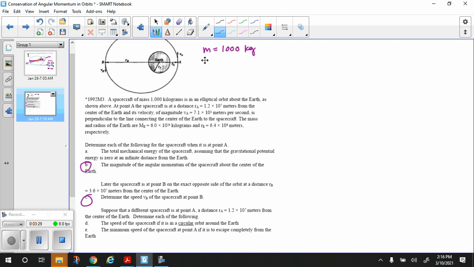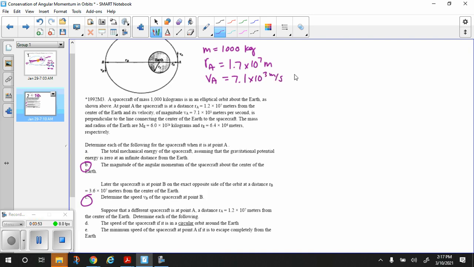We know that the radius at point A is equal to 1.2 times 10 to the 7th meters. We know that the velocity at position A is equal to 7.1 times 10 to the 3rd meters per second.